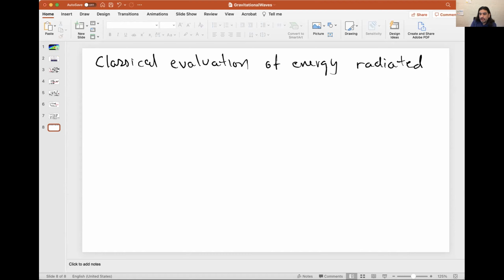So we start with that first equation. This is the total potential energy.